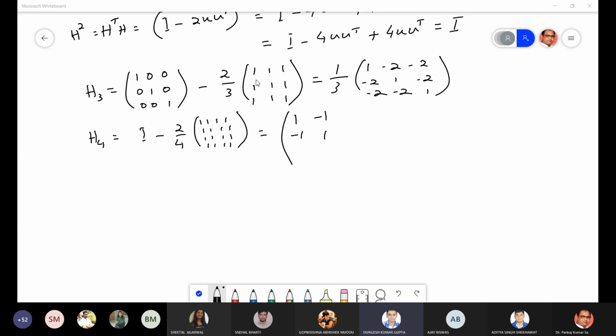You write only 1. So in the diagonal, he's saying in the diagonal. Okay, okay, okay. This one will be minus 1. That is what you were saying? No, sir, it would be 1 only. We are subtracting 2 by 3 from 1, no?